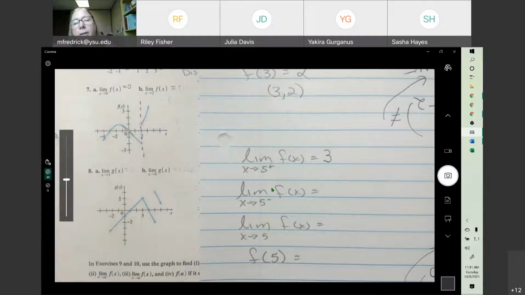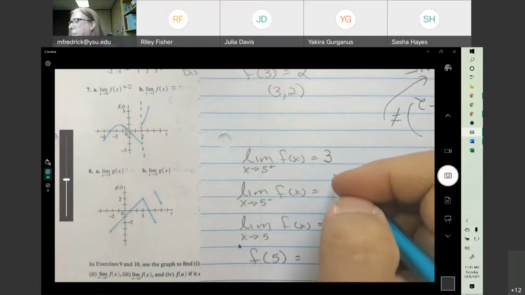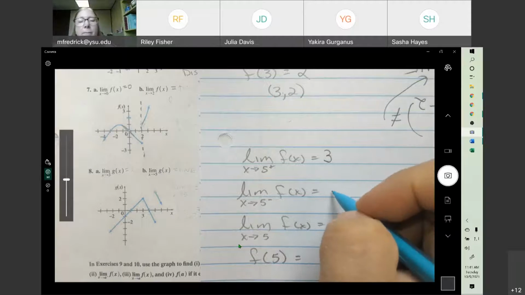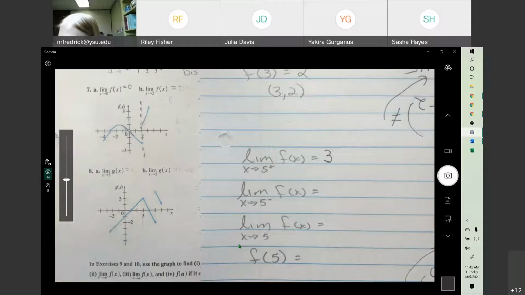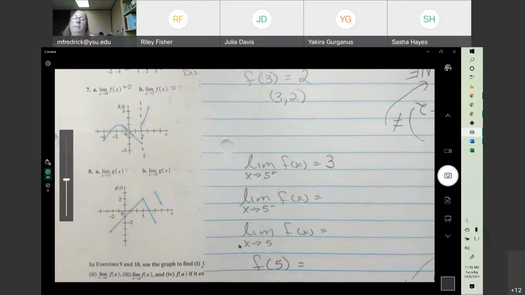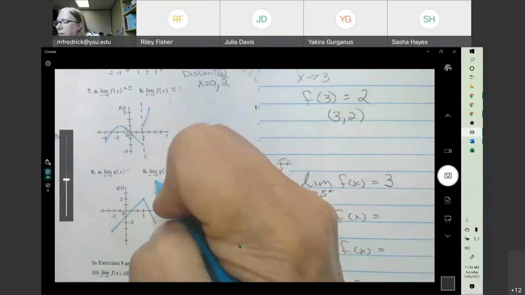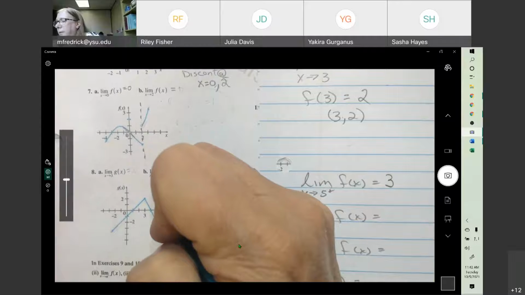How about limit as x approaches 5 from the left? Anyone? And you could type it in the chat if you don't want to say. Is it still 3? It's still 3. No. Is it -2? Yes.